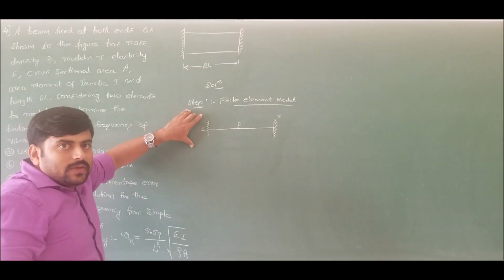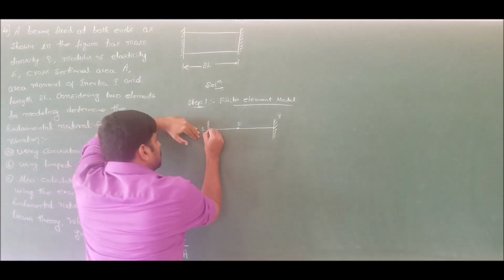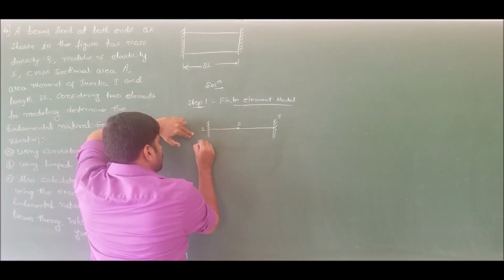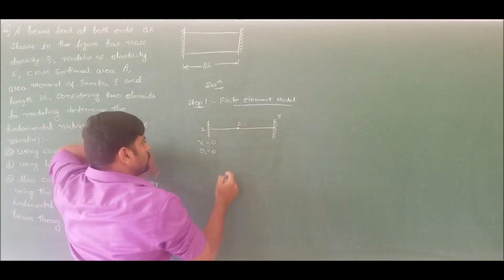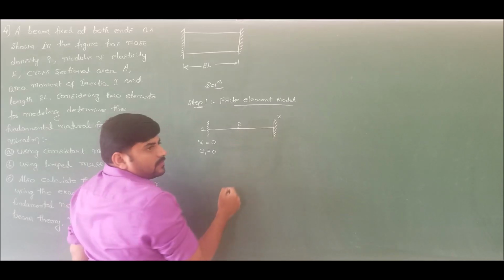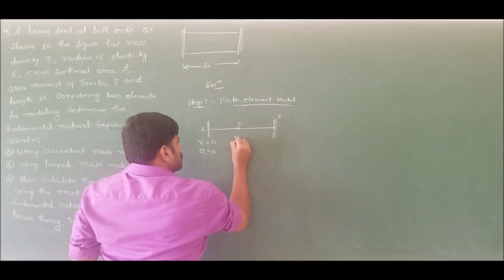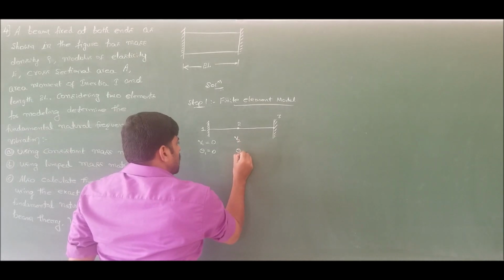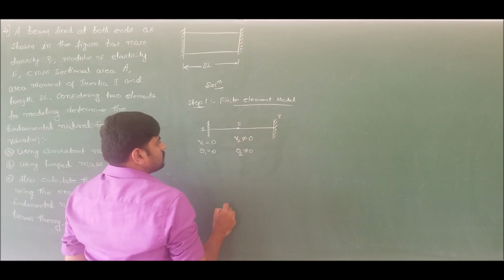Regarding the boundary condition, we have already discussed this in our module 3. If a node is completely fixed, then both the vertical deflection and slope at that node are equal to 0. Whereas at node 2, which is completely free, I should calculate both V2 and theta 2, which are not equal to 0.